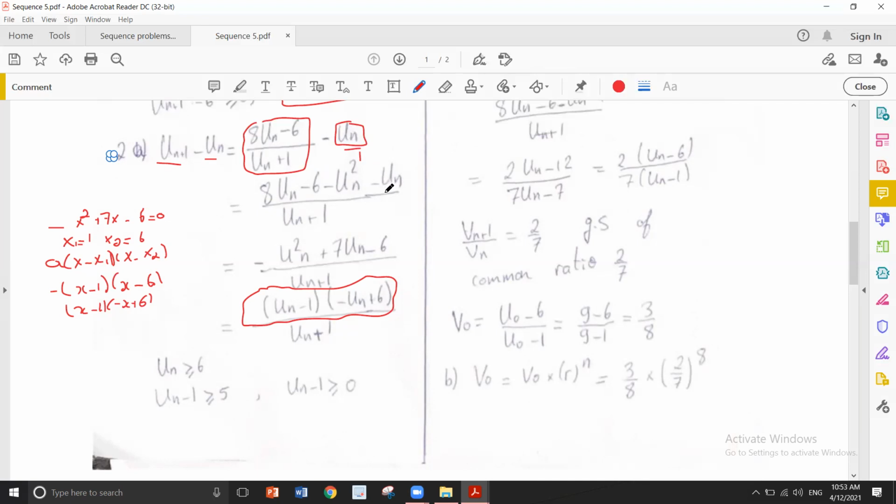How did you get the LCM, this over 1? Here 8 un minus 1 times 8 un, 8 un. 1 times 6 is minus 6. Minus un times un minus u squared n. 1 times minus un is minus un.